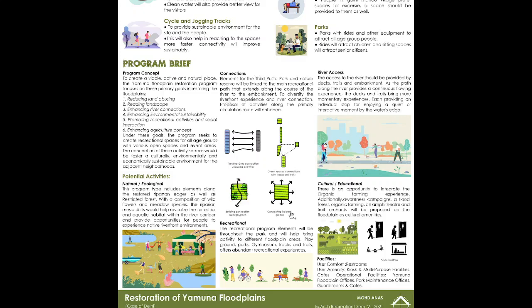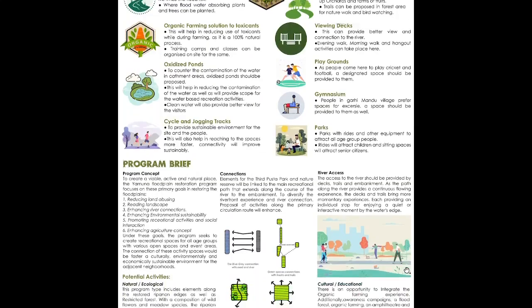Then recreation activities can be proposed to attract people. River access can be built through the connections, and then cultural education activities can be proposed. Other than that, basic facilities can be provided, such as multi-purpose facilities, cafes, and operational facilities such as the Yamuna Floodplain Office and Maintenance Office.